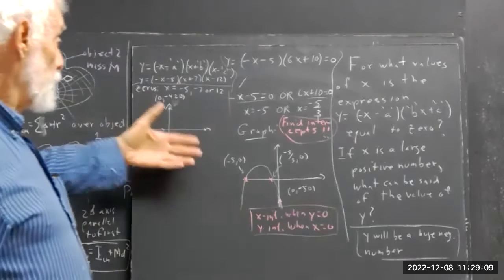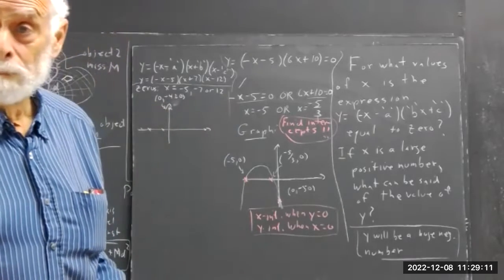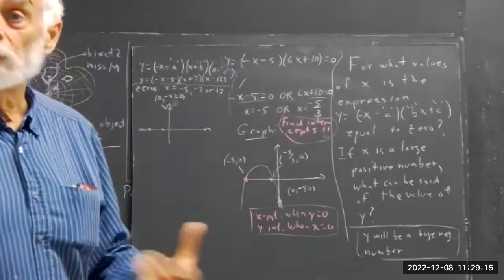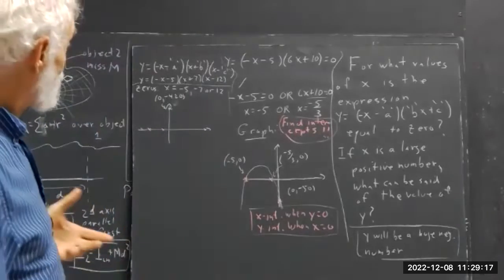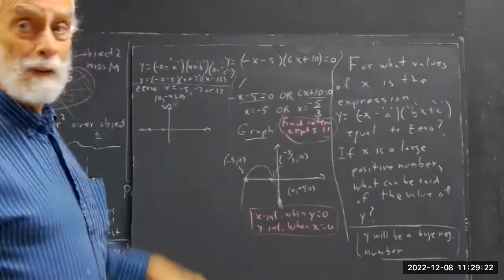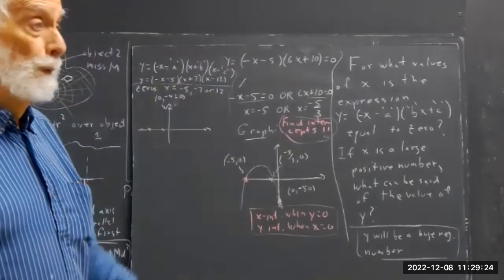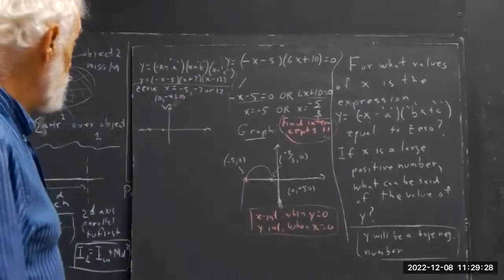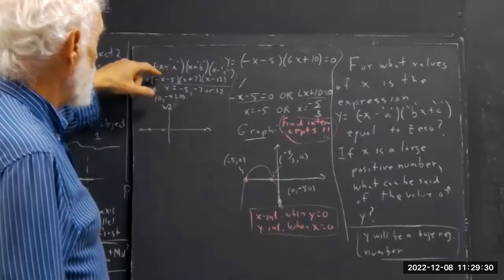We can't go through the x-axis at any other point because no other value plugged in here can possibly give us 0. If x isn't equal to one of these numbers, then none of these factors can be 0. And when you multiply a bunch of numbers that aren't 0, you're not going to get 0. So we can't go through the x-axis anyplace else.